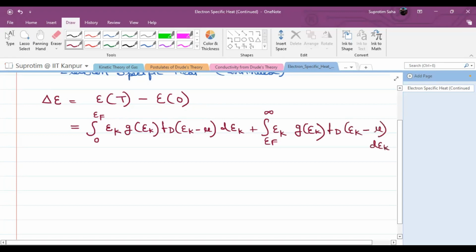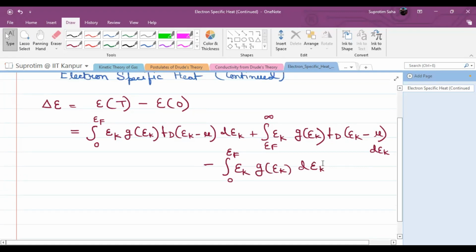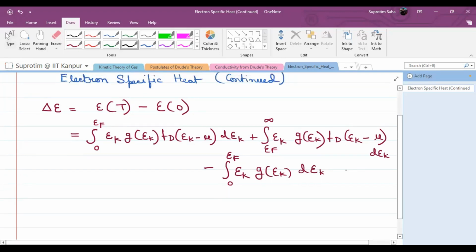In between I'll be switching between epsilon k and EK, so pardon me, I keep messing up the terminology. It's basically the energy, right? So this is minus 0 to EF, the remaining portion, which is the energy at zero temperature. So this is EK, G of EK, D of EK here. The Fermi Dirac distribution below the Fermi energy is 1, so it's 1 in this energy interval. Alright, so this was our equation 1.